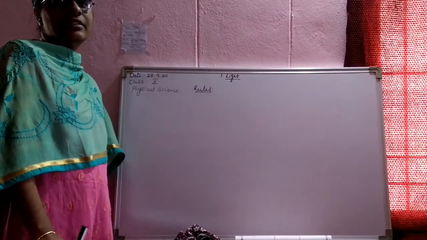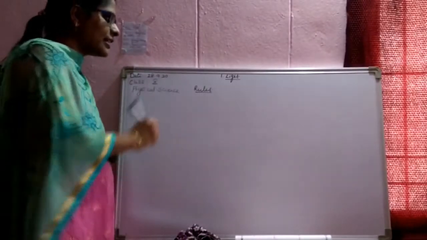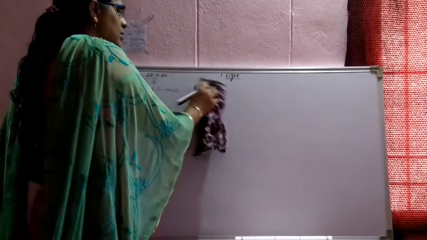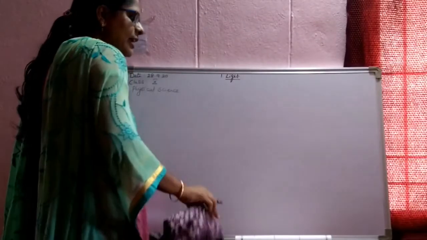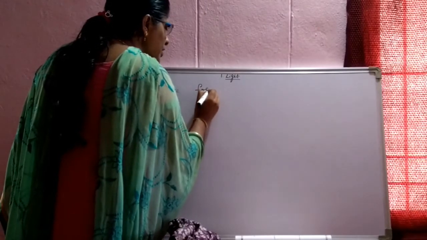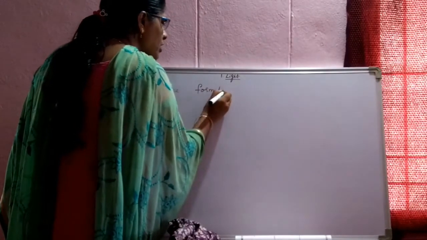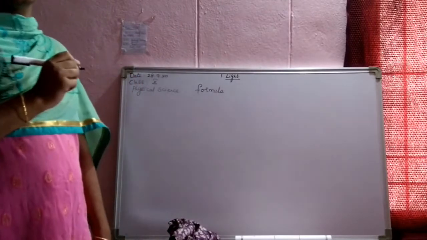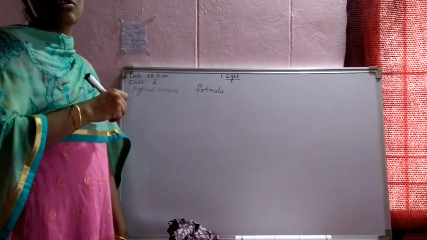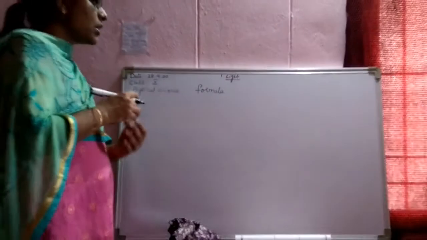Now, after knowing the rules and the ray diagrams, we need to learn certain formulas. The derivations are not there for you children. Certain formulas in order to solve the problems based on the mirrors.